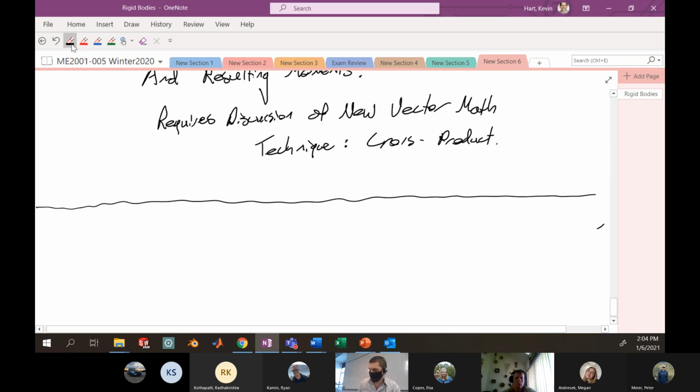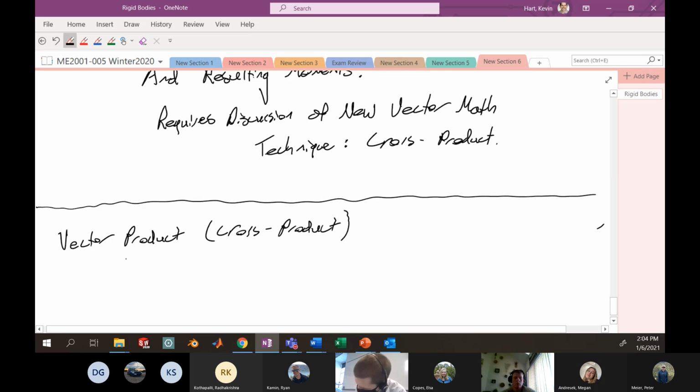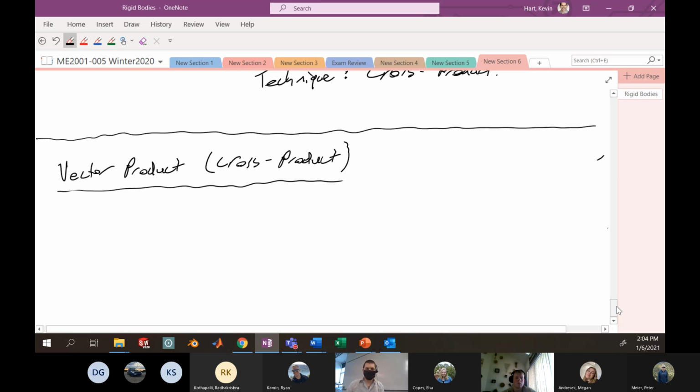Okay, so cross products are sometimes called vector products. Or you might see it as cross product. And this is a technique that involves two vectors that are in space. All right, so the new concept, this idea of a moment is coming.